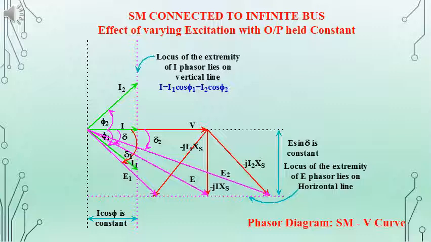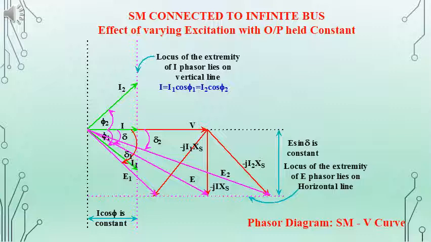Now if we analyze these three cases from the phasor diagram, it is clear. For unity power factor condition, we have an excitation E, and for lagging power factor condition, the excitation is E1 and it is less in magnitude compared to E, the unity power factor condition.